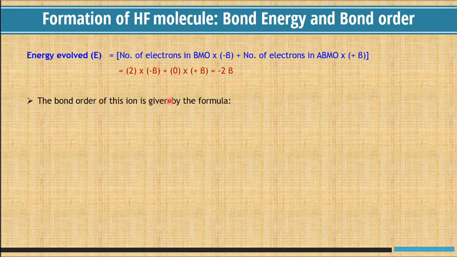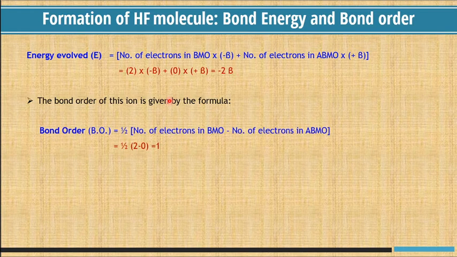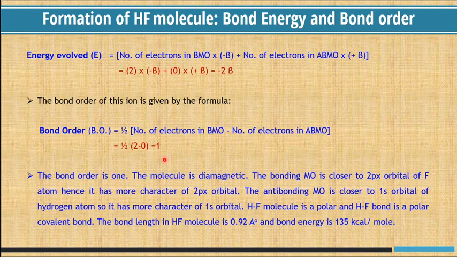The bond order of the molecule is given by the formula: bond order is equal to 1/2 into the number of electrons in BMO minus the number of electrons in ABMO. So 1/2 into bracket 2 minus 0, that is, bond order is equal to 1. The bond order is 1.